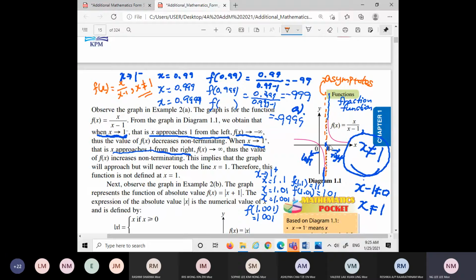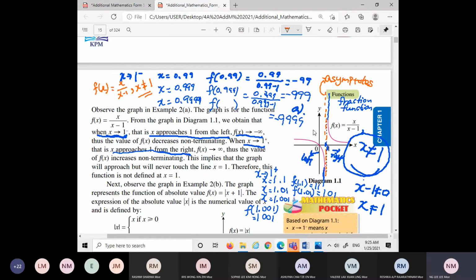Not correct. This graph is a function, because you shouldn't test on the asymptote. You got to test at other points. When you test at other points, it only cuts through one point. Therefore, this is a function.